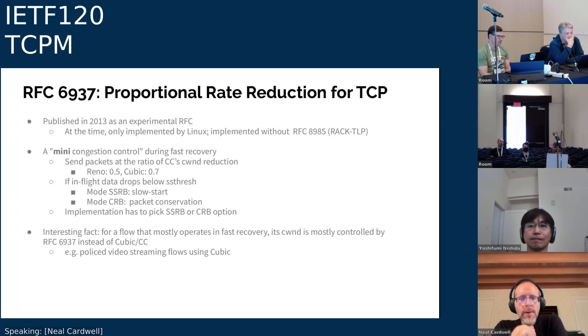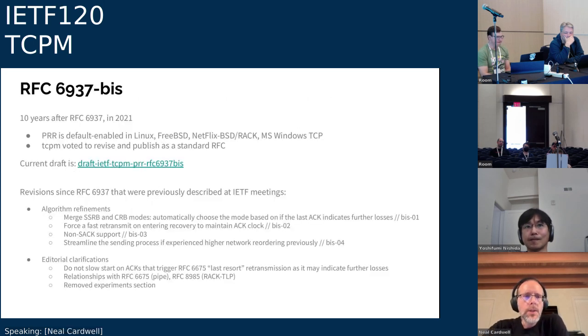And just as an interesting fun fact, for a flow that mostly operates in fast recovery, its congestion window in practice is mostly controlled by the PRR behavior instead of the core congestion control behavior. And this happens quite often in policed video stream flows using Cubic or Reno, for example.